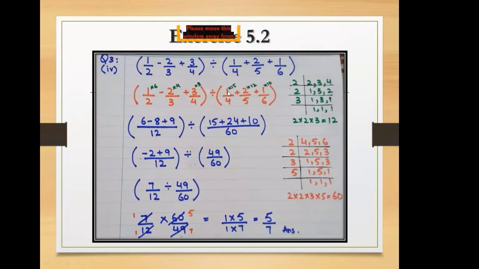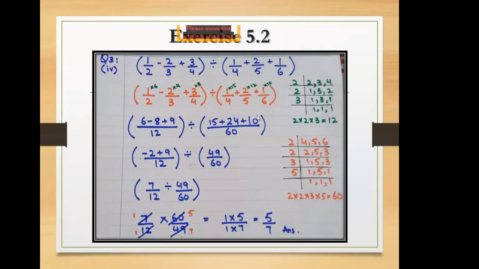Look at this: 15 ones are 15, 2 twelves are 24, 1 ten is 10. Now, according to the BODMAS rule, first we have to solve addition and then subtraction. So plus 6 minus 8 becomes minus 2, and plus 9. Here minus and plus become minus, 9 minus 2 becomes 7.